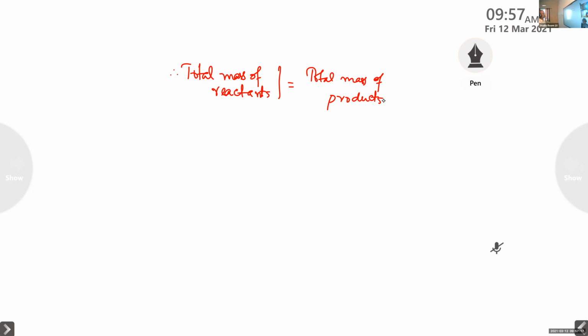So the mass of the reactants reacted must be equal to the mass of the products formed. That is why we are balancing the equation.